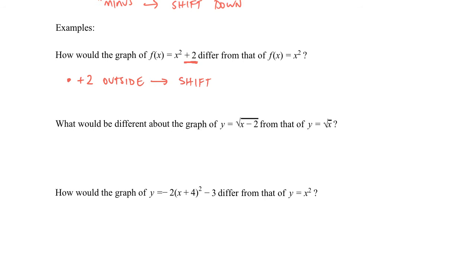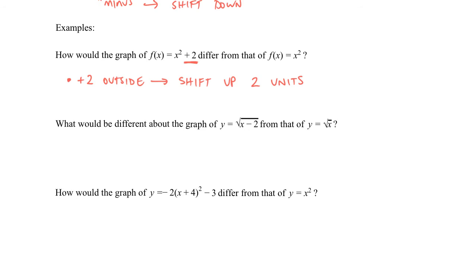Now, I want you to be specific. I want you to say 2 units. Okay, shift up 2 units, because some of these are going to have vertical shifts and horizontal shifts, and I need to know that you know which is which. So this is a good way of notating it: plus 2 outside means shift up 2 units.